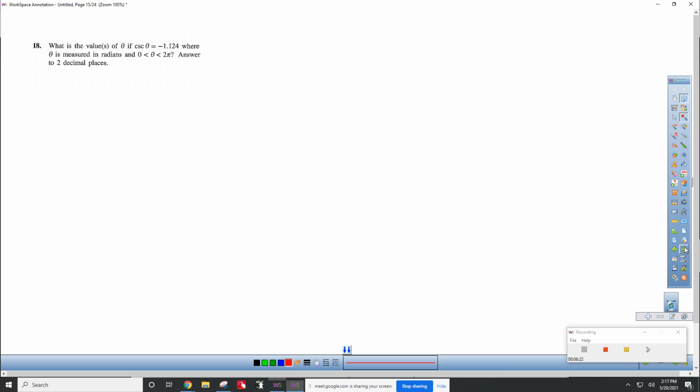So what is the value of theta in radians? Okay. So cosecant of theta is negative 1.124. All right, we don't have like an inverse cosecant button, but I know that means 1 over the sine of theta.